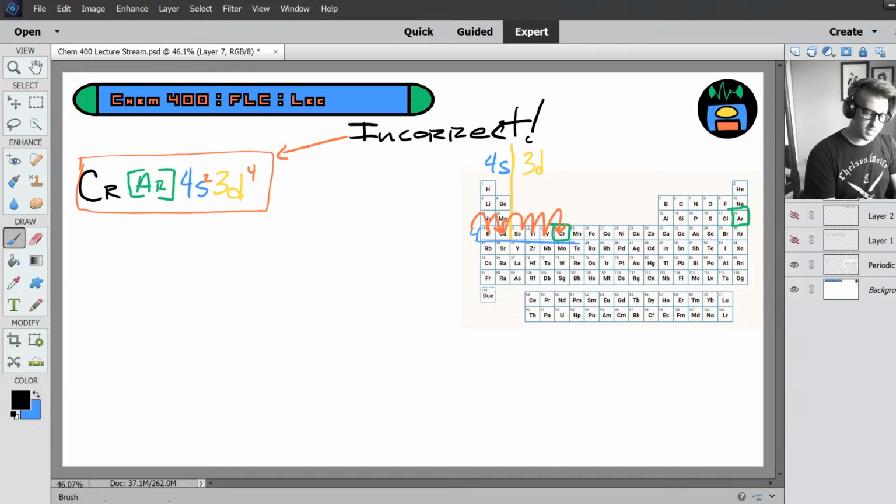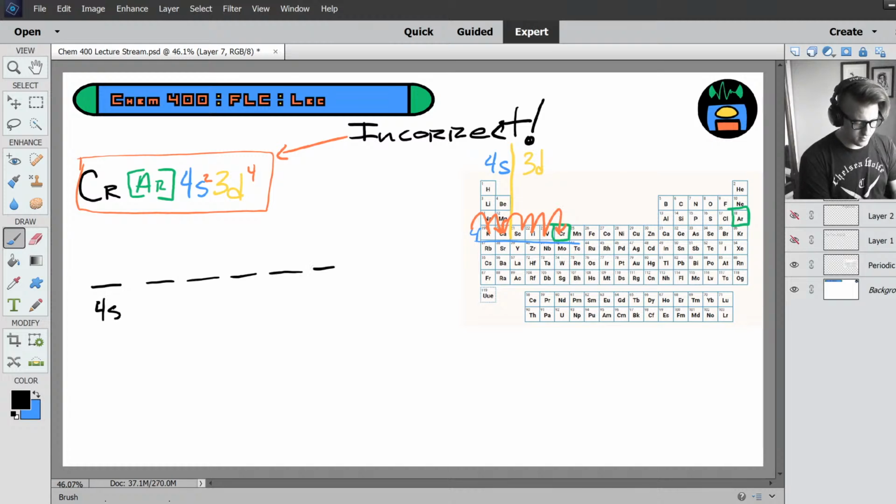All right, this electron configuration is incorrect, but it'll take looking at the orbital diagram to understand what's wrong with this one. So let's look at the orbital diagram. We have our 4s subshell and our 3d subshell.